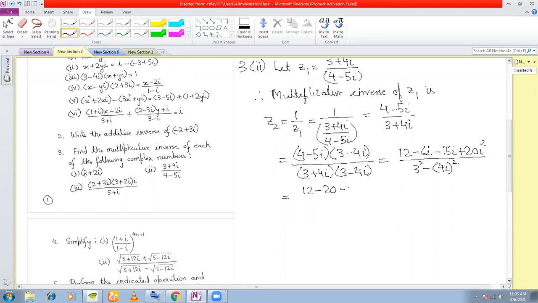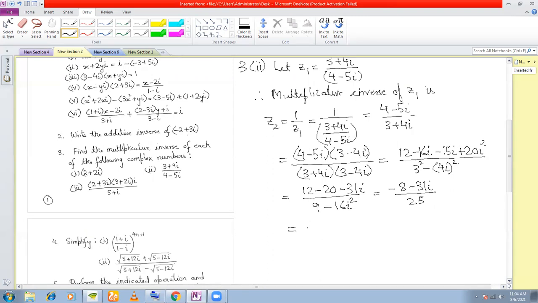And here you have minus 16i minus 15i, this is 16, not 6. Okay. So you get minus 31i divided by 9 minus 16i square. So here you get minus 8 minus 31i divided by 9 plus 16 will give you 25.